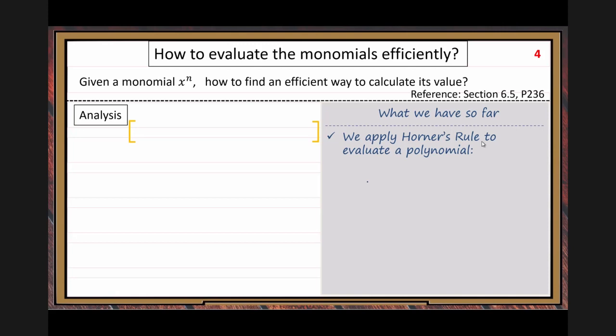It means that if you have a very general formula, then Horner's rule gives you a very efficient way. But when you have a very special polynomial, Horner's rule may not be the fastest. For a special polynomial, we may have other faster ways than Horner's rule. So that's the main point here.